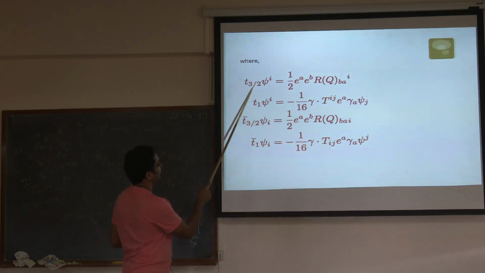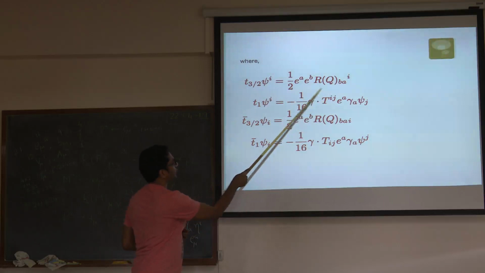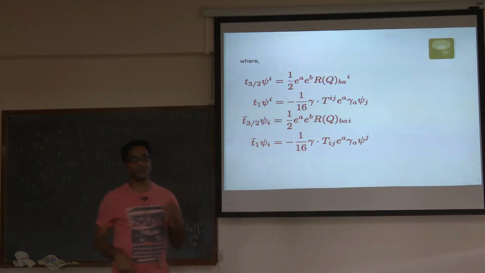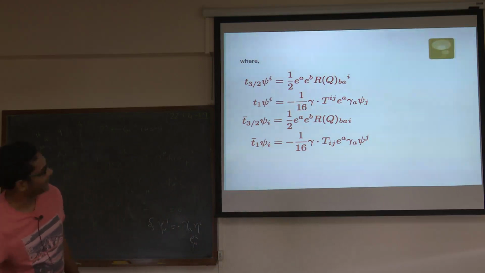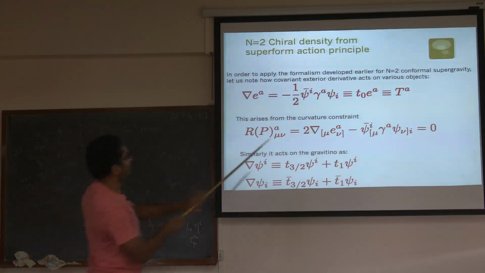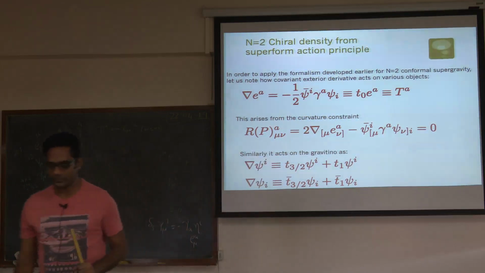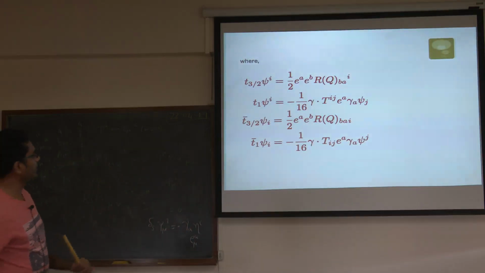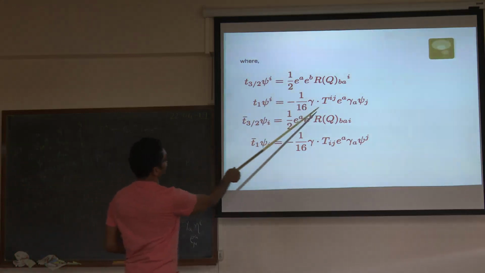This notation I am following is basically the Weyl weight of the super covariant thing that is appearing on the right hand side. For E^A there was no super covariant thing appearing here, so that is why I called it T0. So, T_{3/2} psi^I is given as this, T_1 psi^I is given as this.